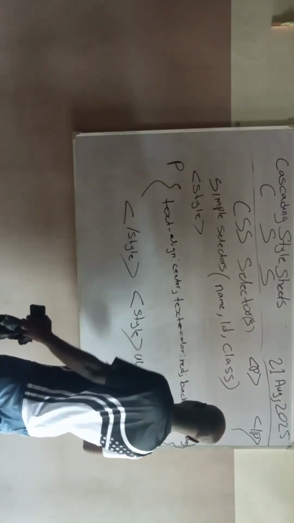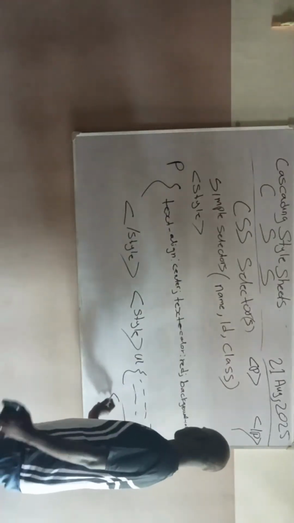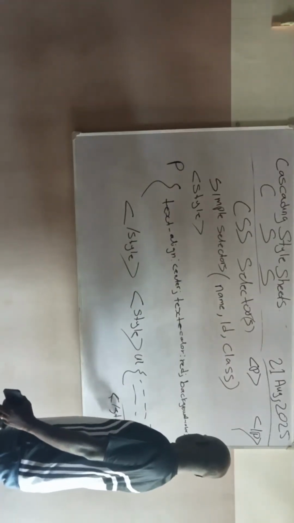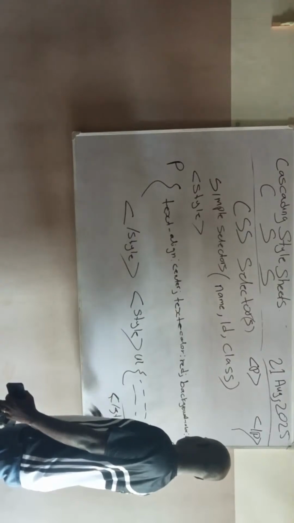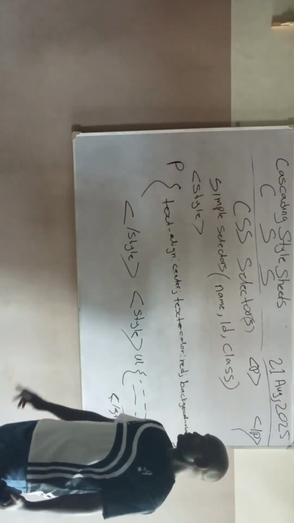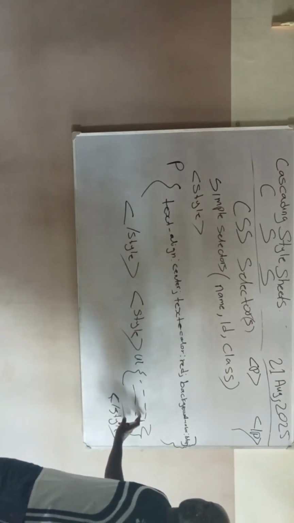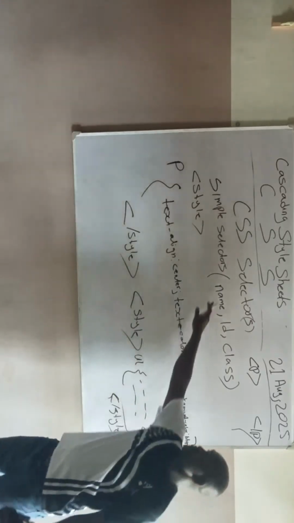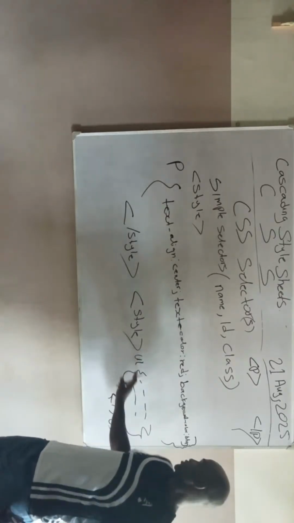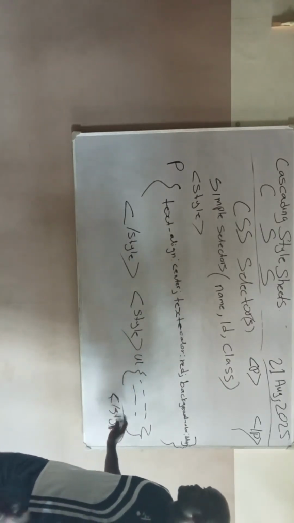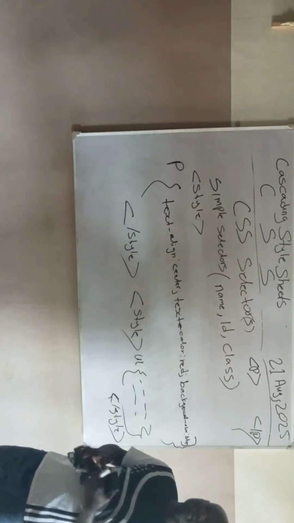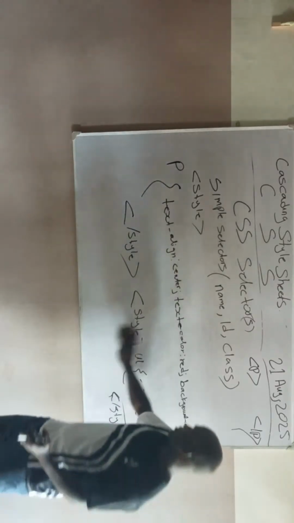Then I close my style. It will execute this. Every element with this name, UL, it will do what? Execute this.